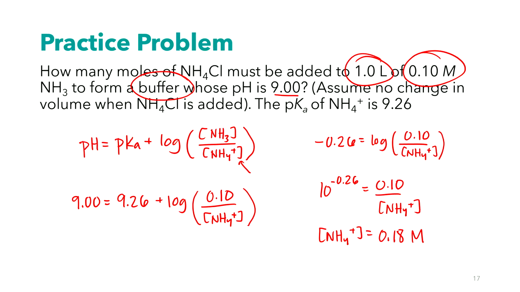And then I say, hey, nice, I put it into 1 liter, so that is also the number of moles that I need, which would also be the same number of moles of ammonium chloride because it's a 1-to-1 ratio. Every unit of NH4Cl puts in 1 unit of NH4. Okay, so that's the other quantitative thing I could ask you about these buffers.